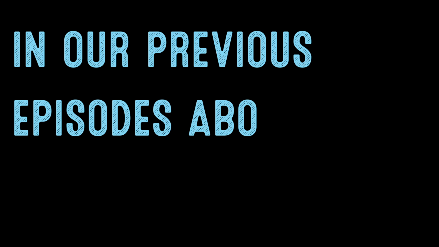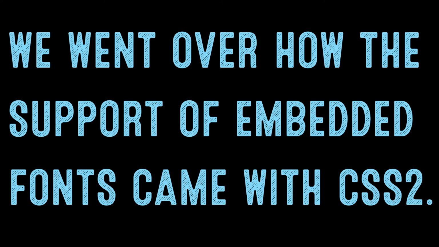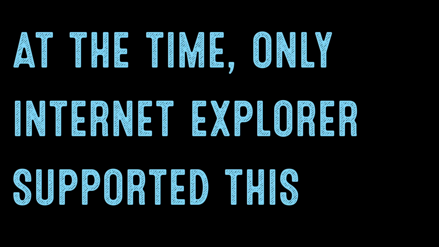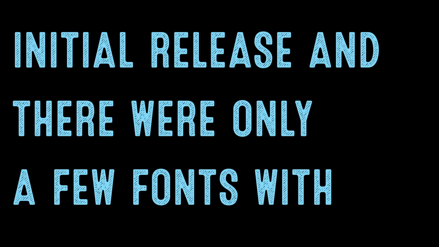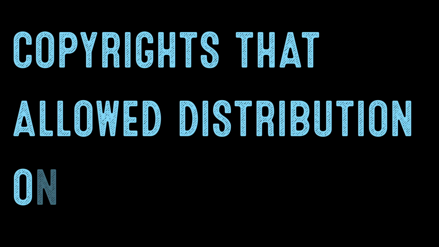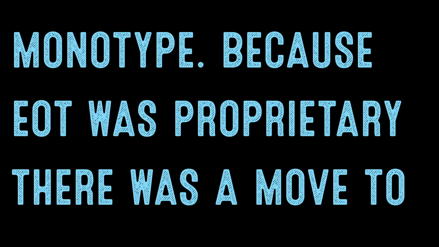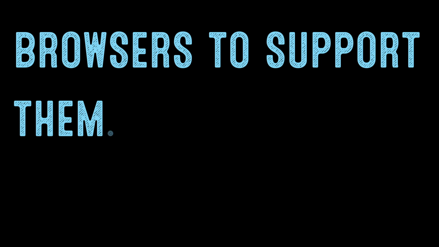In our previous episodes about the history of CSS, we went over how the support of embedded fonts came with CSS2. At the time, only Internet Explorer supported this initial release, and there were only a few fonts with copyrights that allowed distribution on the web. These early fonts were EOT, or Embedded OpenType, from Microsoft and Monotype. Because EOT was proprietary, there was a move to release free web fonts and have a wider range of browsers support them.